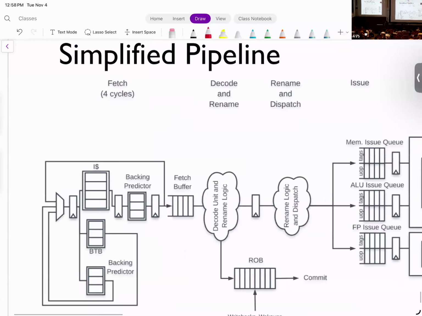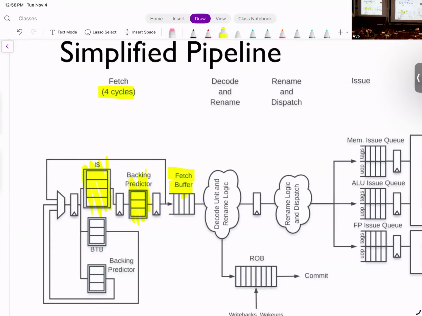Their fetch takes 4 cycles. The reason that it takes 4 cycles is that their branch prediction takes multiple cycles. So they read an instruction from the instruction queue, the branch predictor takes 3 cycles to do the logic, and then they put everything into this fetch buffer, as I said.